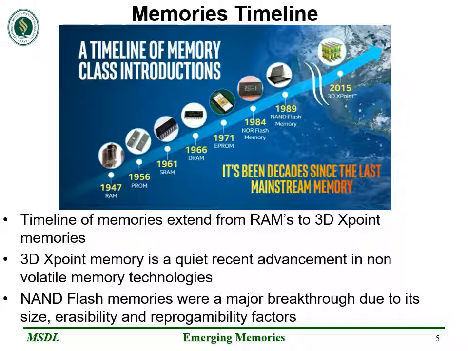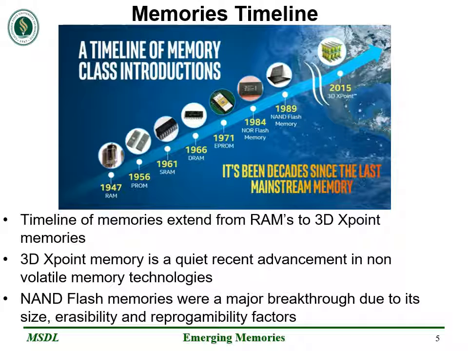3D XPoint is still quite a recent advancement in non-volatile memory technologies, and it's still in the process of being properly manufactured. From a random access memory in 1947, the process evolved to a programmable read-only memory in 1956, then to static random access memory, and then to dynamic random access memory.